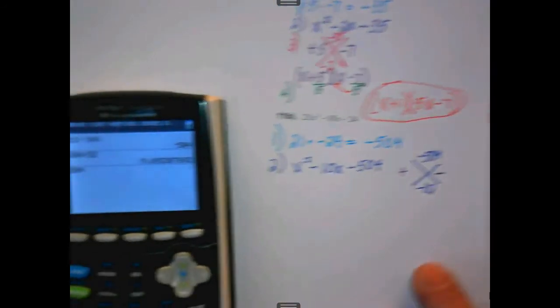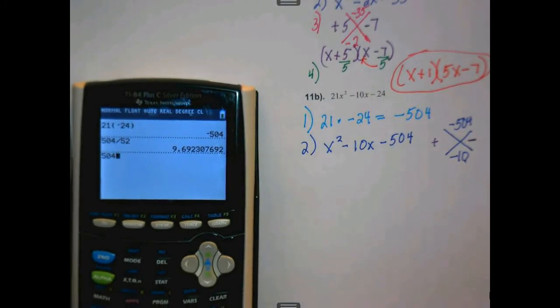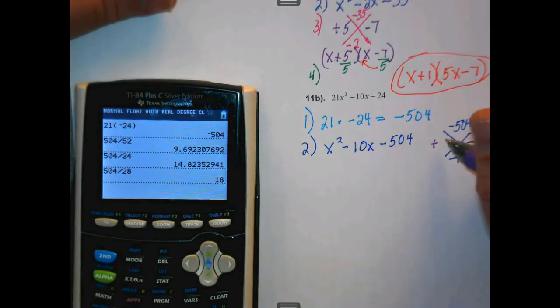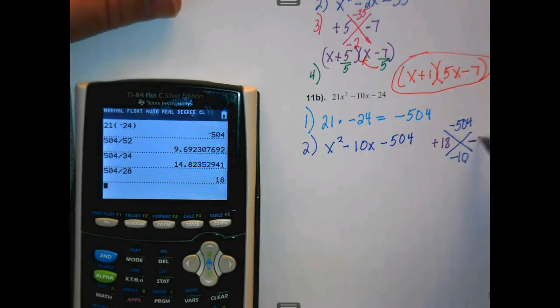I'm just plugging in some numbers and checking here. Okay, 34 and 14 is 20. Let's go down a little bit. 28 and 18. Boy, I got lucky. Holy cow. All right, so I'm going to have 18 and 28.